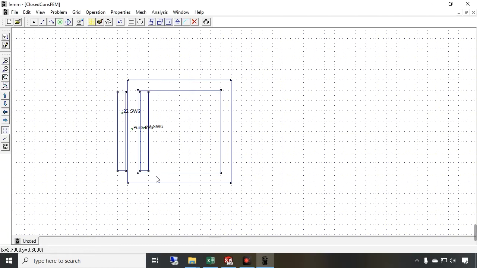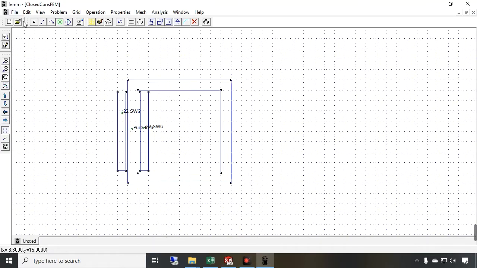So for a magnetics problem, we should define a region or an enclosure, right? Because we have flux inside this iron core. Also, we have leakage flux.